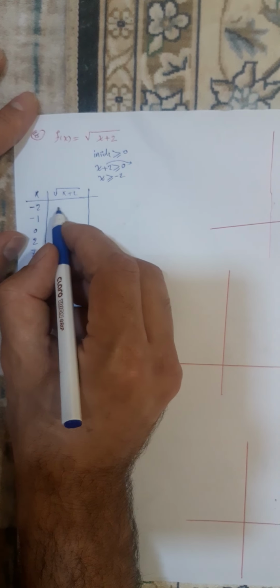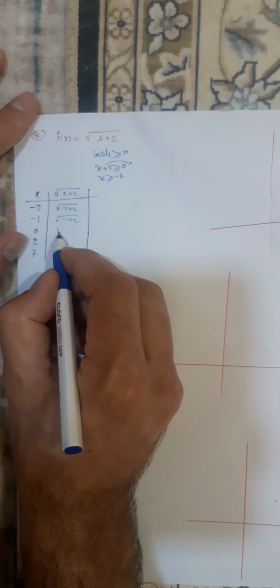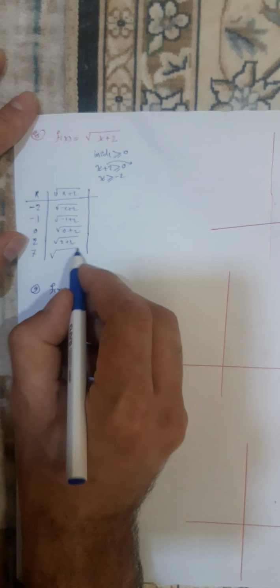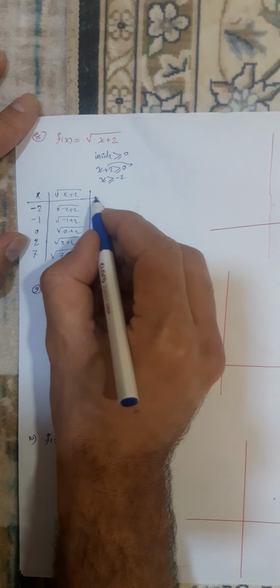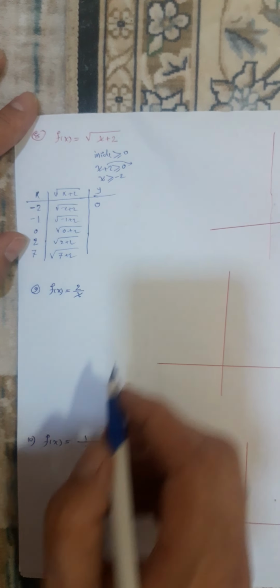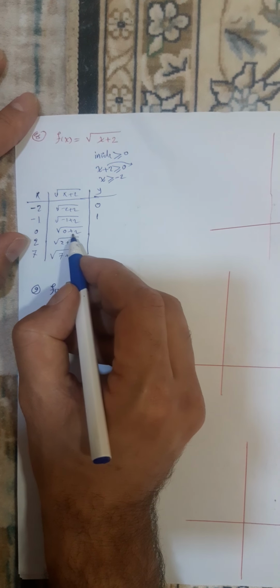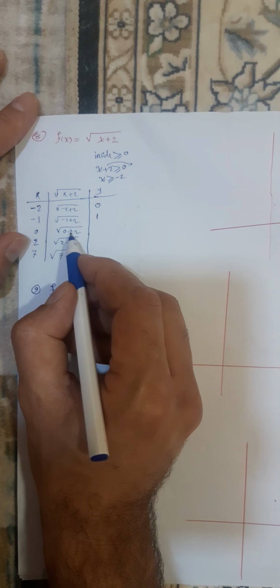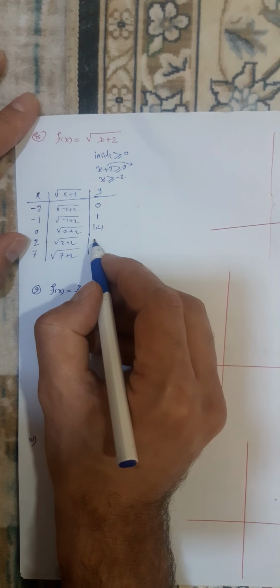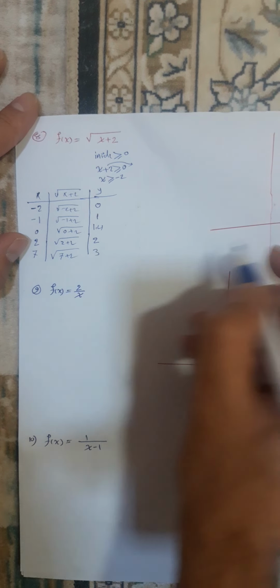Now -2 plus 2, -1 plus 2, 0 plus 2, 2 plus 2, and 7 plus 2. So y: -2 plus 2 is 0, square root of 0 is 0. -1 plus 2 is 1, square root of 1 is 1. 0 plus 2 is 2, square root of 2 is about 1.4. 2 plus 2 is 4, square root of 4 is 2. 7 plus 2 is 9, square root of 9 is 3.